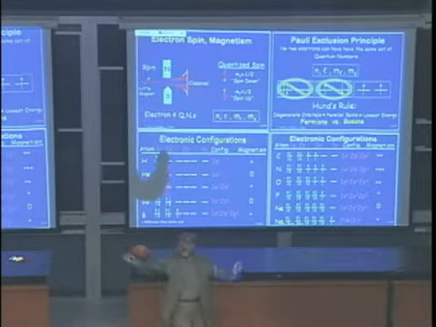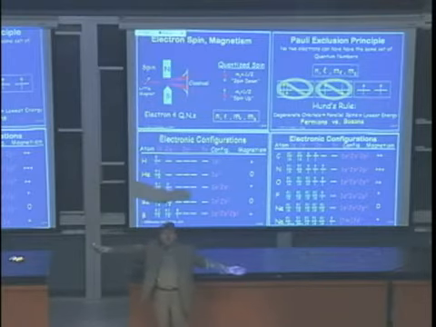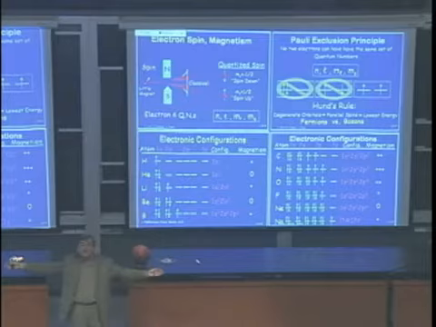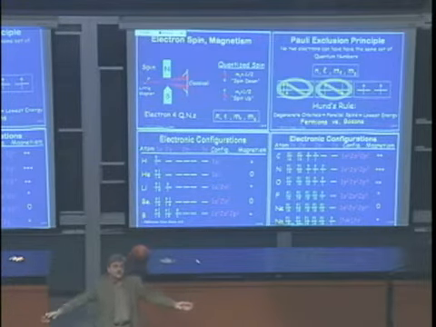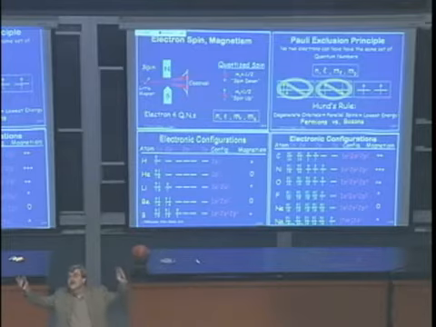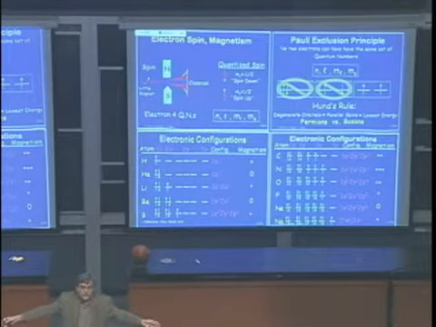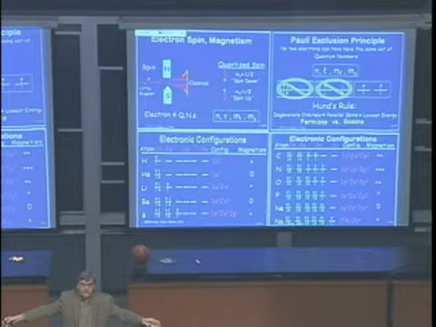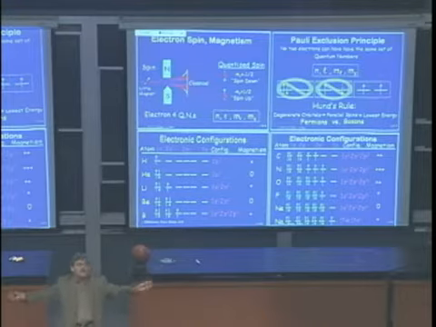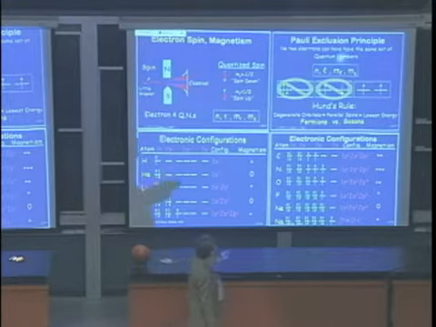So for 2p, how many total p orbitals do we have? 3. How many total electrons? 6. How many total d orbitals do we have? We are now in n equals 3. 5. How many electrons? 10. Okay? That's what Pauli's principle says.